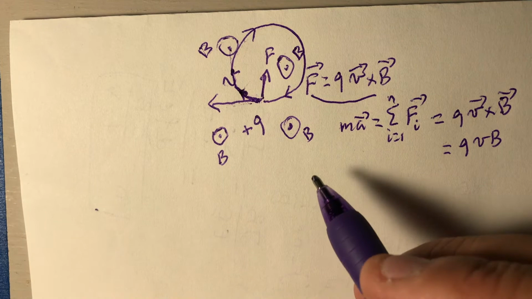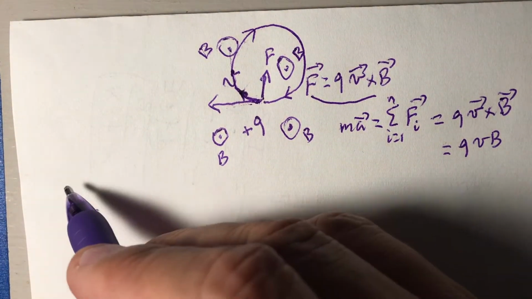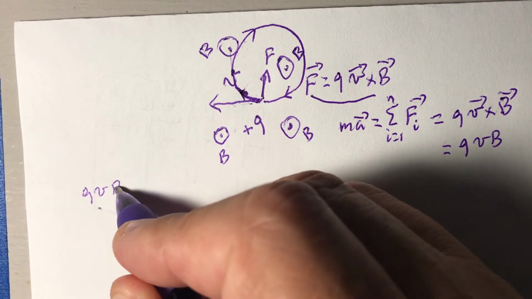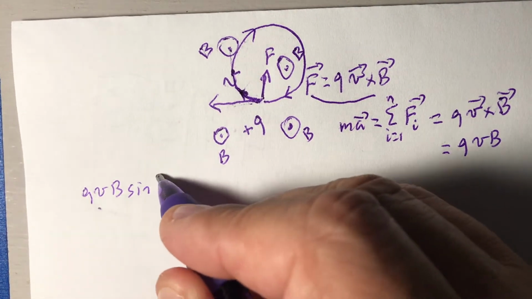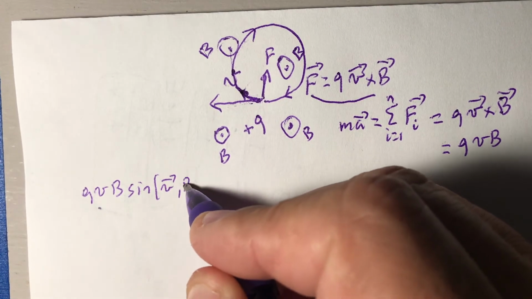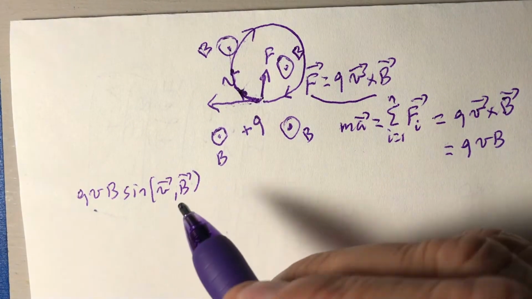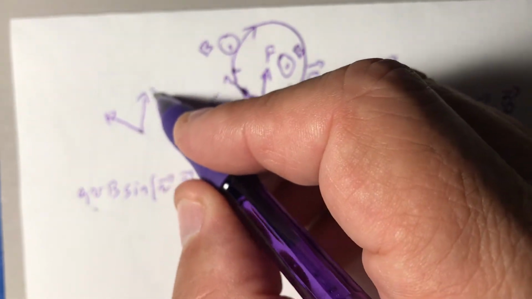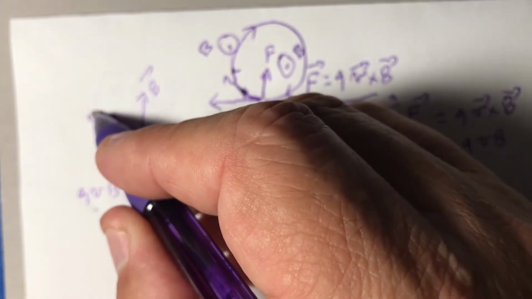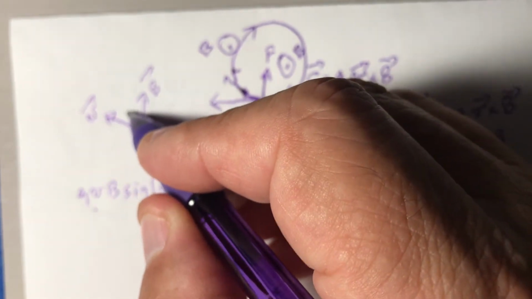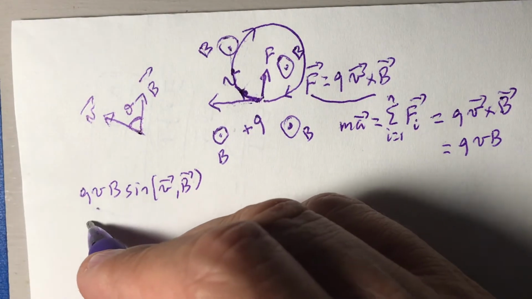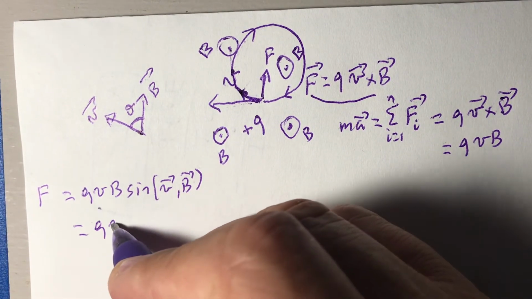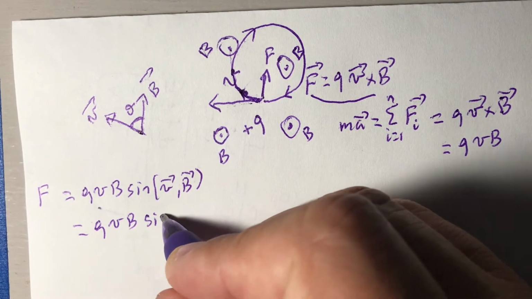Now, if they were not perpendicular, we would have a different situation. We would have Q V B sine of the angle between V and B. If, for example, V was going this way and B was going this way, the angle between them would be theta, so the force would be equal to QVB sine theta.